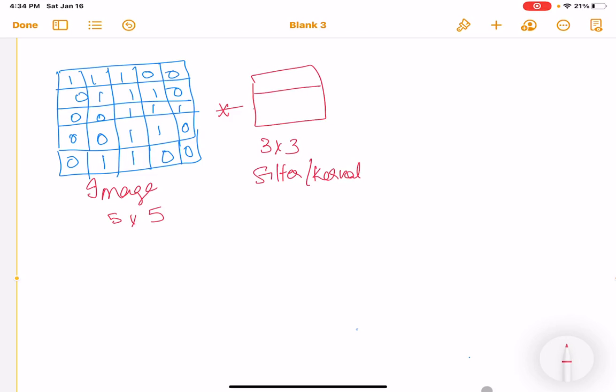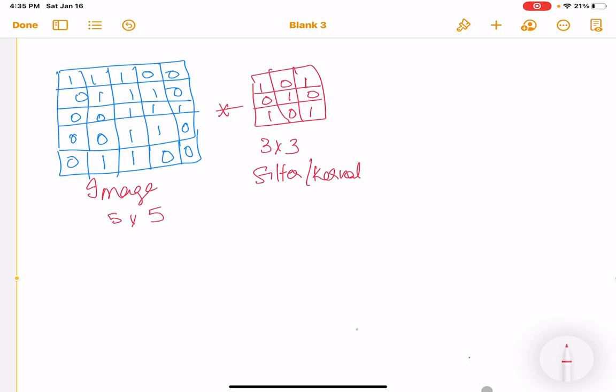And my kernel is 1 0 1 0 1 0 1 0 1. So this kernel has to be mapped onto my image, as we are performing a convolutional operation.